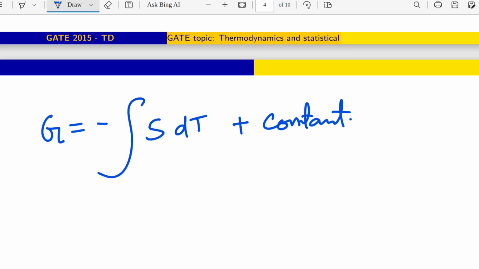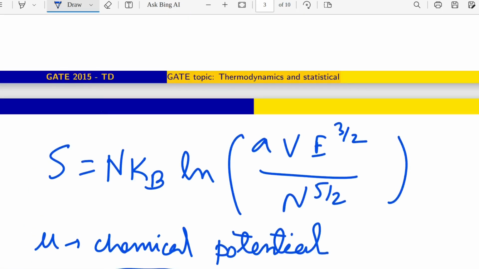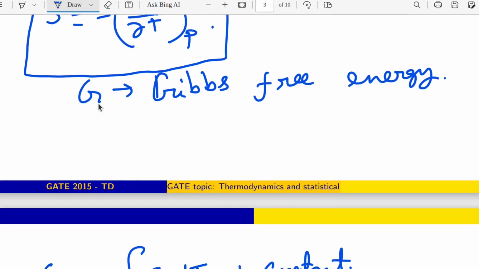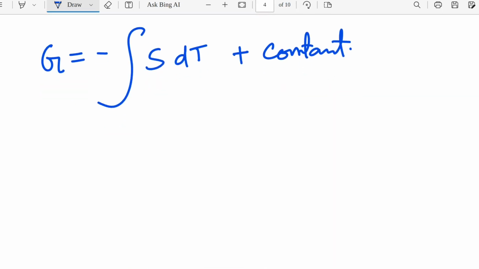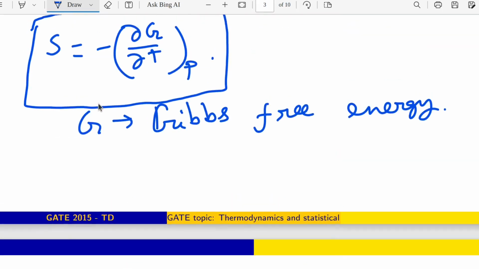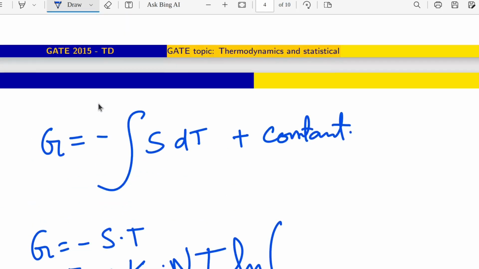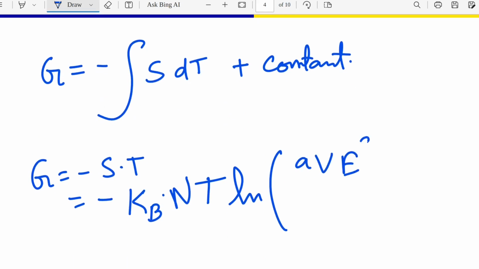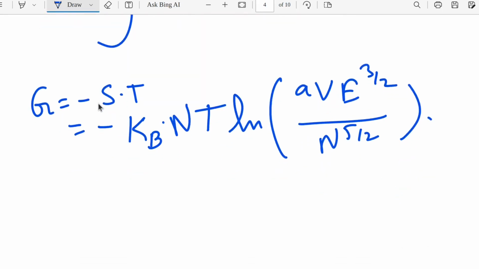Now you can see that the S, whatever it is given here, is not a function of T. So if I just do the integration part, then it will directly give minus S into T. So what is the S here? S is kB n, then T ln[AV E^(3/2) / n^(5/2)]. So this is the required expression for the Gibbs free energy. Now if I got the expression for the Gibbs free energy, then what will be the chemical potential?